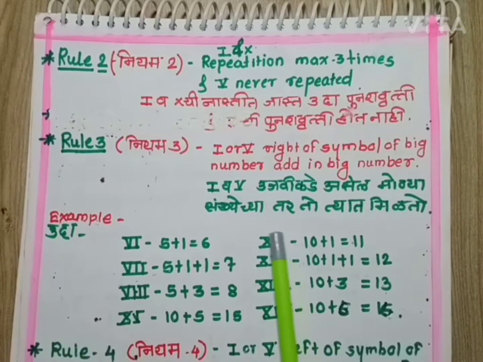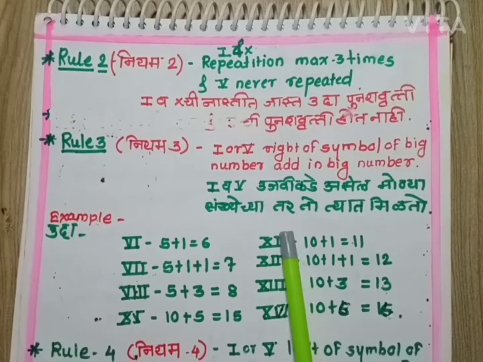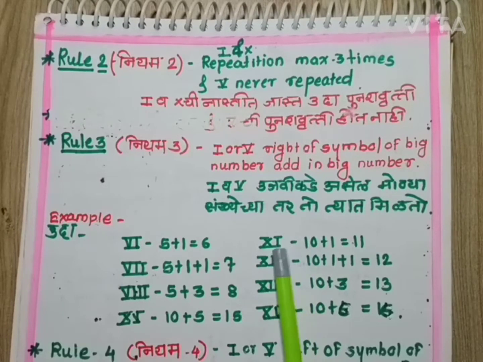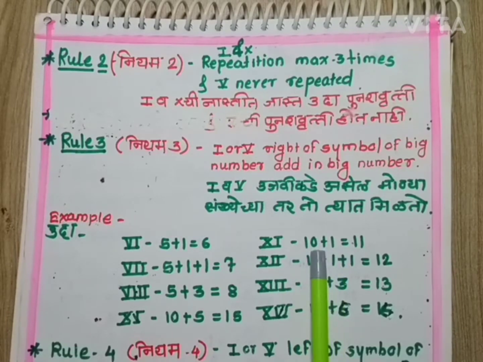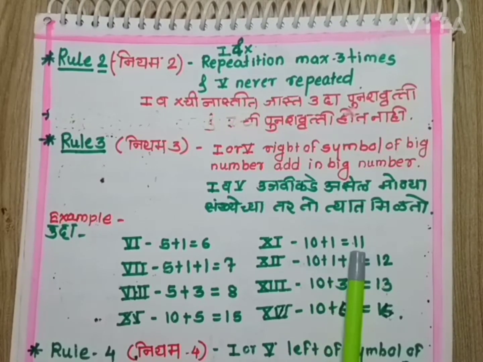Therefore, it is added to the value of x. x gives the value of 10 and I gives the value 1, and as I is on the right side of the x, it is added to that 10. So 10 plus 1 gives the value 11.